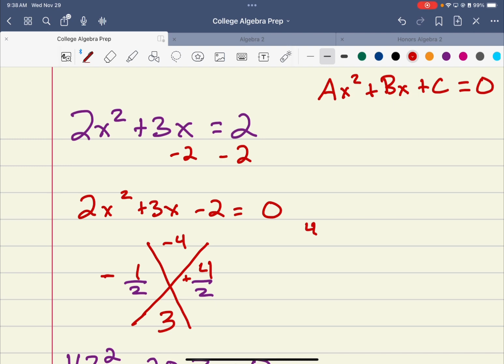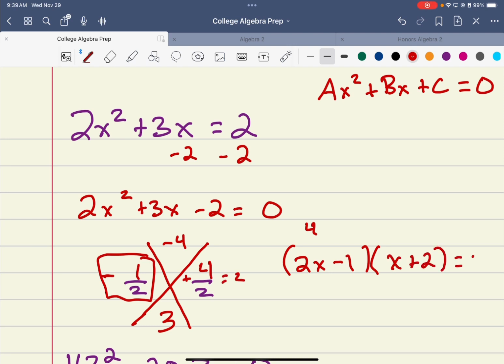So then in factored form, that fraction is reduced. So remember, the 2 goes out in front of the variable, 2x minus 1. 4 divided by 2 is 2, so that's just x plus 2. Now it equals 0. Now it looks a lot like what we just did. It's in factored form. So now we use the zero factor property.